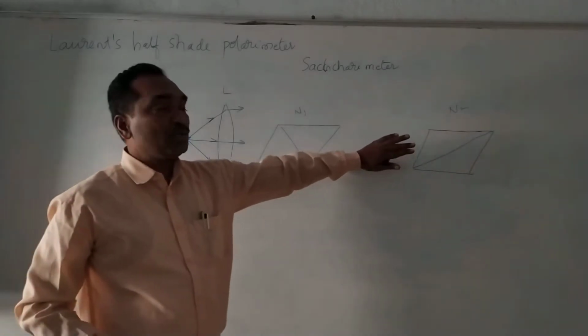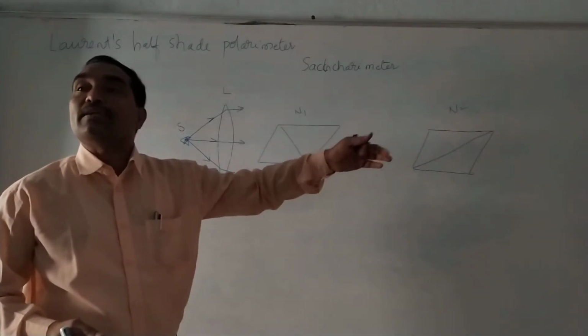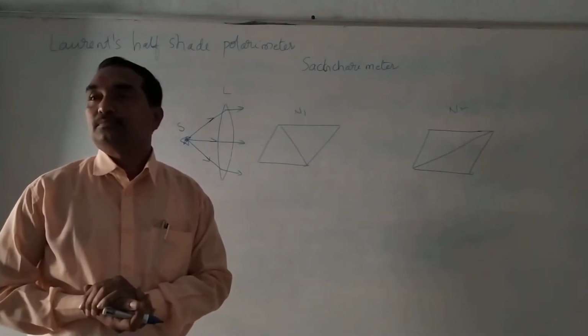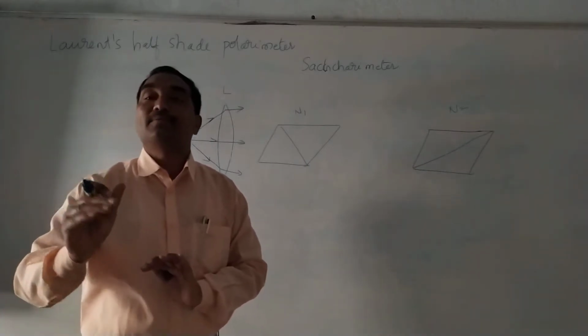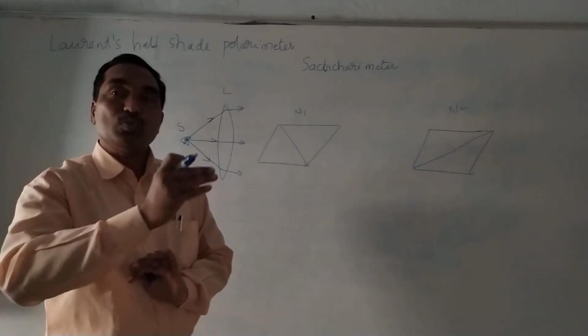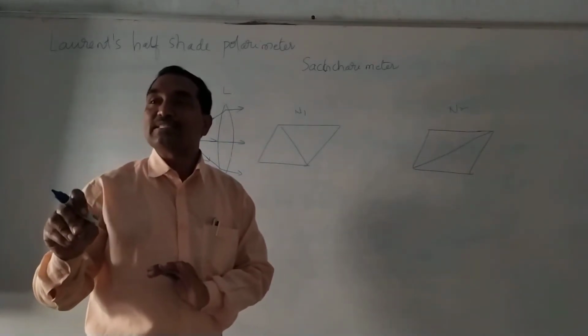This Nicol prism N2 can rotate about the axis passing through N1 and N2 to determine the angle of rotation. How much angle it rotates, some instrument is required to measure.